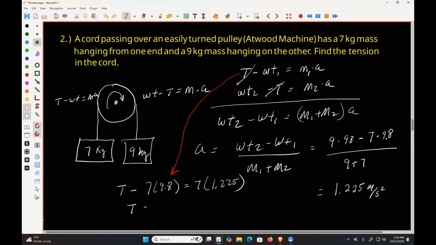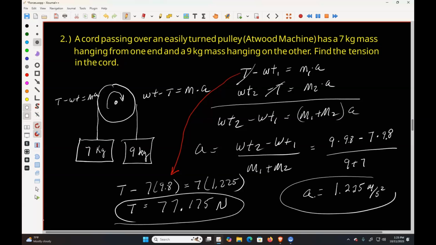So this tension here is equal to 77.175 newtons. So we were able to solve for acceleration first, and then we can solve for tension by substituting.